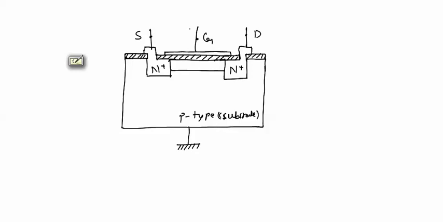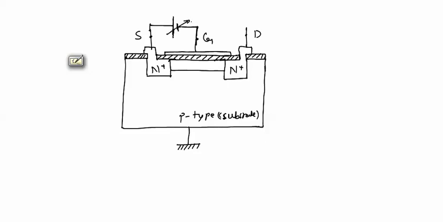Now we will apply some potential between source and drain terminals. This source is an N type material, and we will keep this gate negative with respect to source.